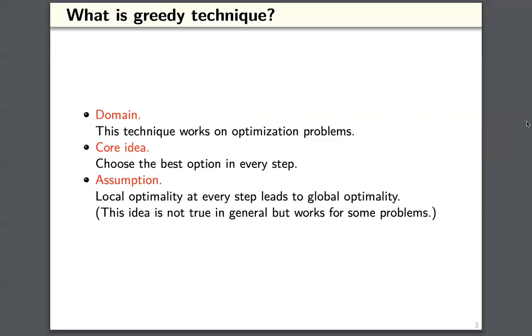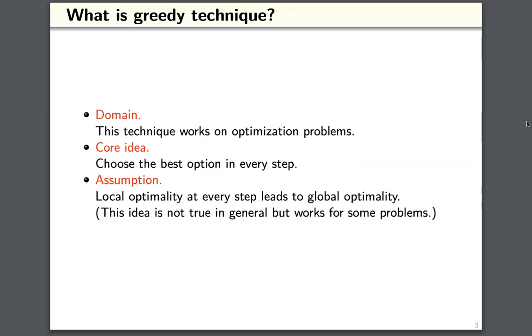Okay. Now let's start with this greedy technique. What exactly is this greedy technique, and how is it different from the other techniques we have seen, right? Divide and conquer, DP, and so on. Okay, let's start. So this greedy technique works on a class of problems called optimization problems.